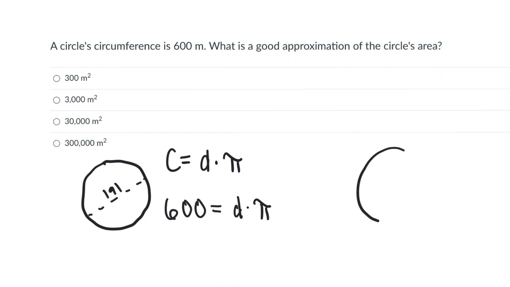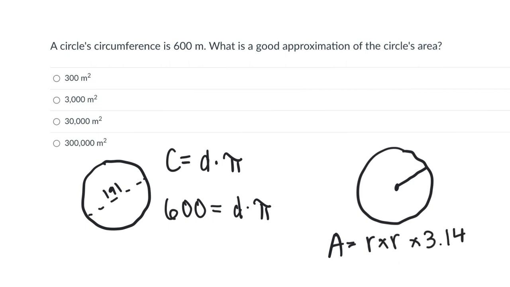Okay, from there, we want to find the area. If we recall, area is equal to our radius squared, so our radius times our radius times pi. So I'm going to find my radius. I know my diameter is 191, so my radius is just half of that. So I'm going to just round this. I'm going to say 191, let's say divided by 2 is 95.